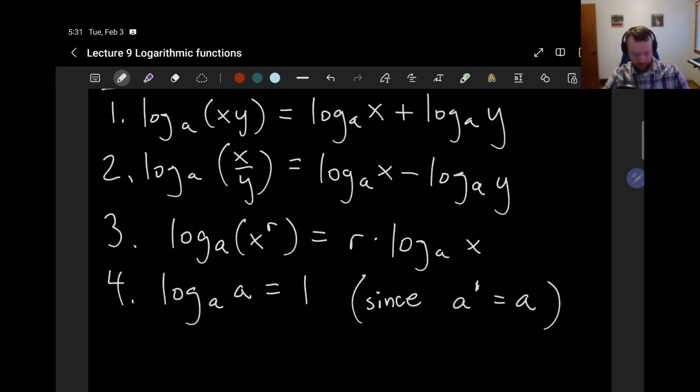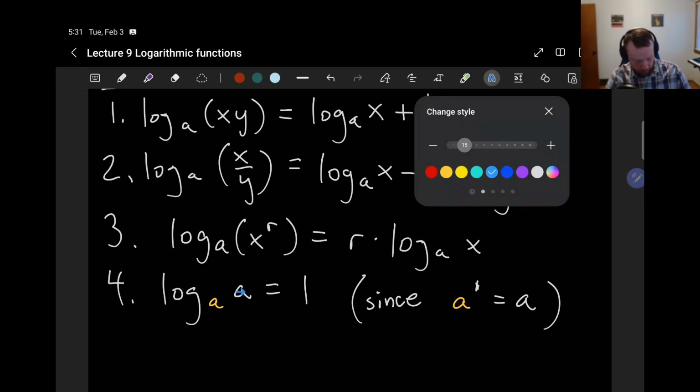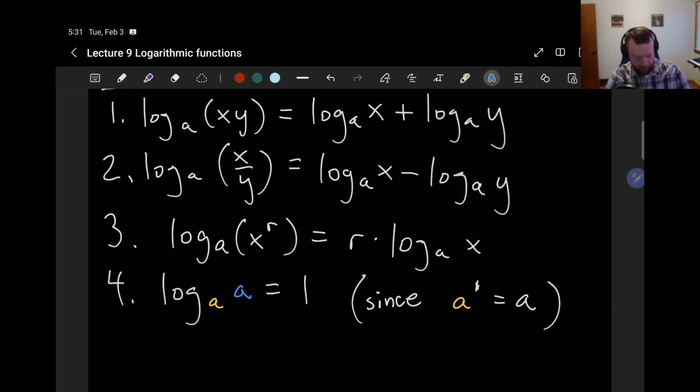Now there are a few a's floating around. Those a's are the same, the base of the logarithm and the base of the exponential. And this a, the input of the function, is the output of the exponential function.